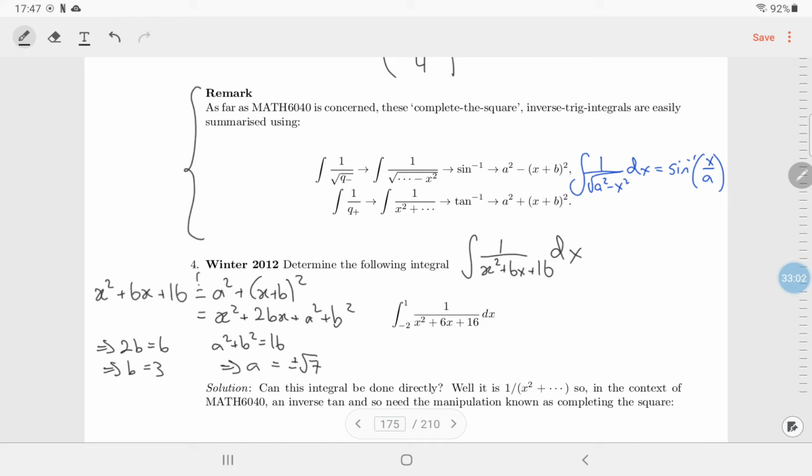So what you're ending up with is the antiderivative of 1 over, instead of x squared plus 6x plus 16, a squared, which is root 7 squared, plus (x plus 3) all squared. And this is the inverse tan one, so we'll write down the formula here. The antiderivative of 1 over a squared plus x squared dx is 1 over a inverse tan of x over a.